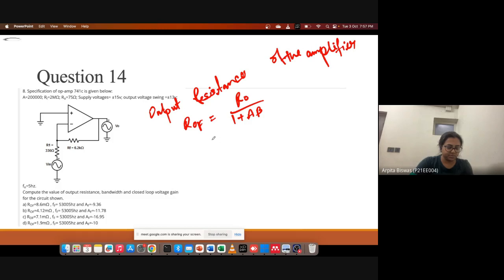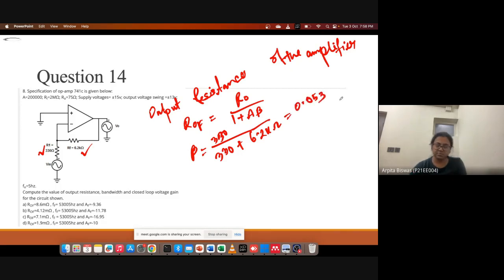Okay, so at first you have to find out the value of beta, which is here 330 ohm and 6.2 kilo ohm. So the beta value is 330 by 330 plus 6.2 kilo ohm. So this value will come out around 0.053.